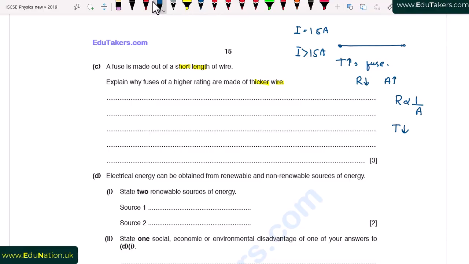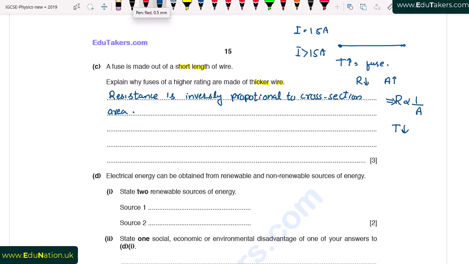So I write here resistance is inversely proportional to cross section area, which is given by this relation.